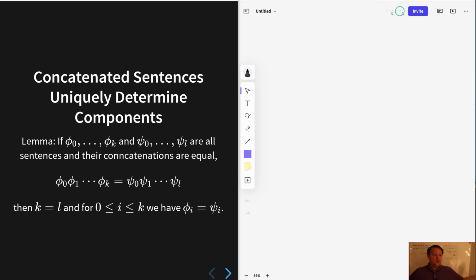We're going to assume that the concatenation of all the phis equals the concatenation of all the psis. From that, we would like to prove that k must equal l, so there are just as many sentences on the left as there are on the right, and that for every index in the appropriate range, the sub-sentences in each also match, are equal to each other. That's the claim that we're going to make.